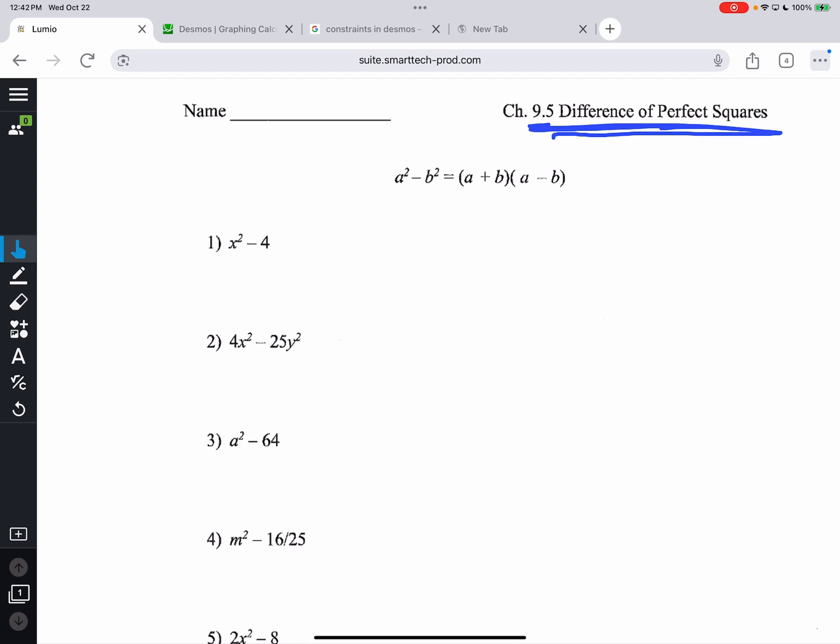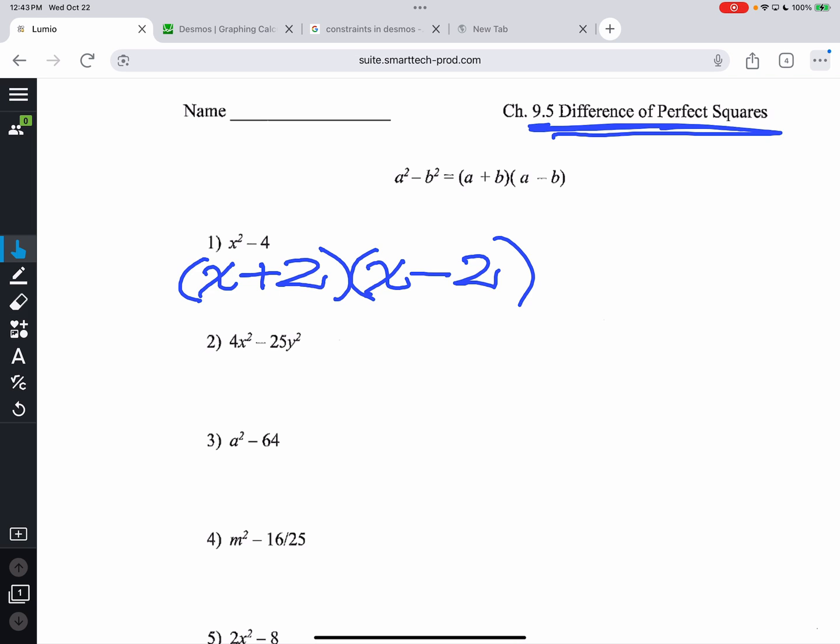So what makes up x squared? X. What makes up 4? 2. So when we write them, we're creating the binomials that, if you FOIL, you would get back to x squared minus 4.